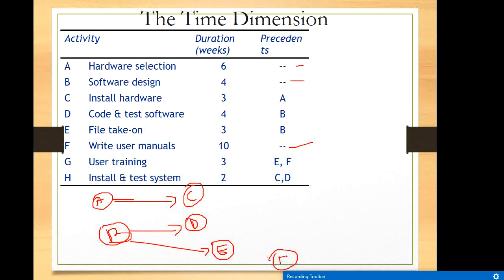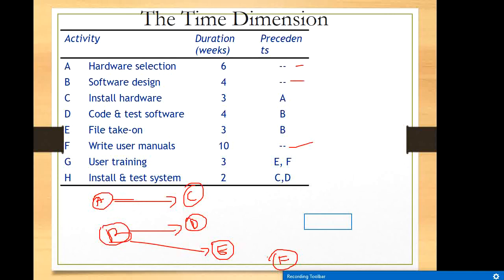F is writing the manual for the program. It is not necessary to have anything, only you can write the manual after certain things are finished, right? Writing manual, that is the reason no preceding activity for this.